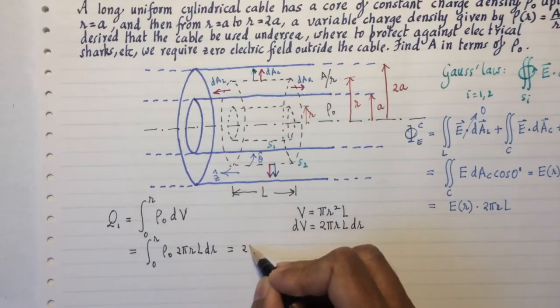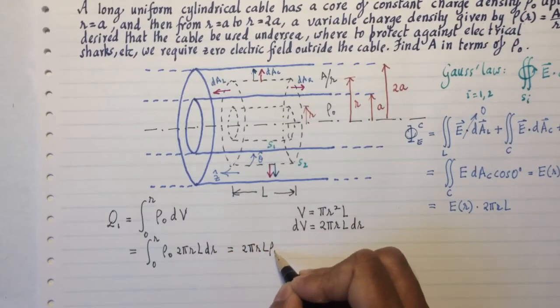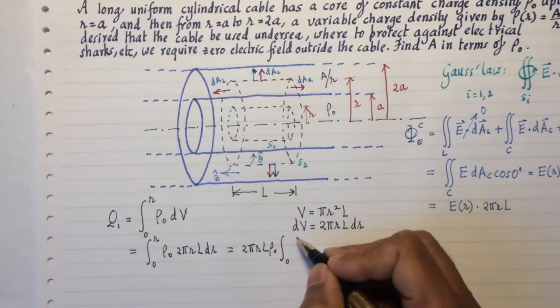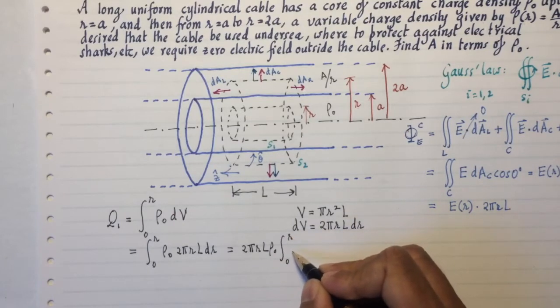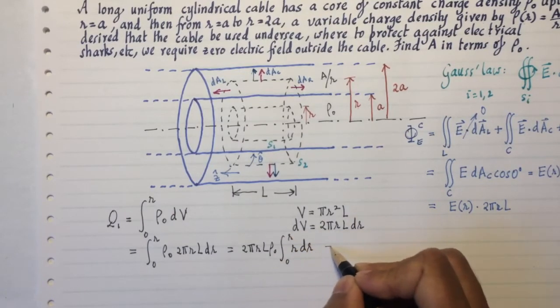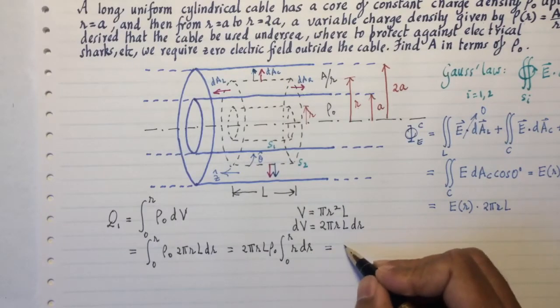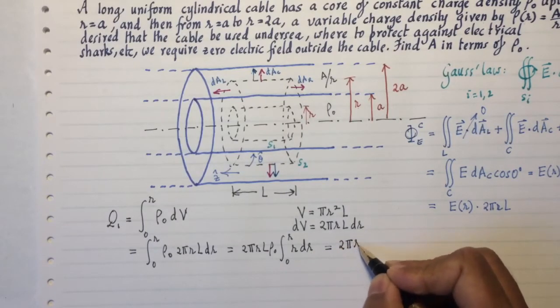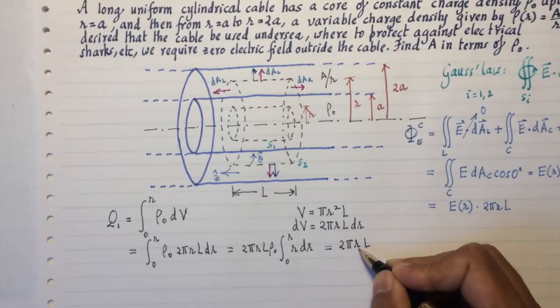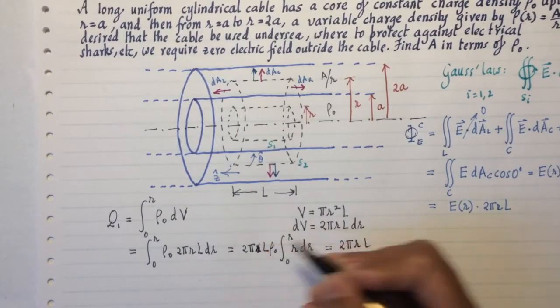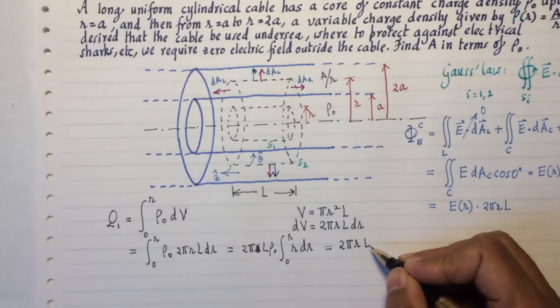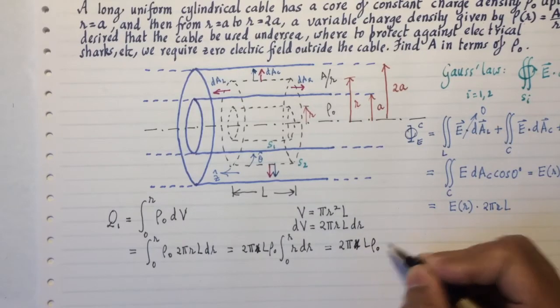So that gives me 2 pi r L rho naught outside, because they're all constants in this game. So that gives me r dr inside. That's an easy integral. It's just r squared over 2. So I get 2 pi r L, sorry, no r there. There's no r outside. 2 pi L rho naught.